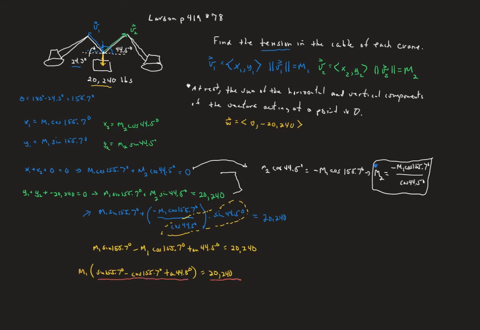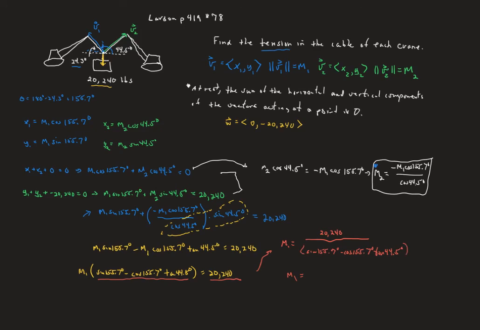And so we're going to get that m1 is going to be 20,240 all over sine of 155.7 minus the cosine of 155.7 times the tangent of 44.5. You've got to be careful entering that into your calculator because you're going to need some parentheses in that denominator.